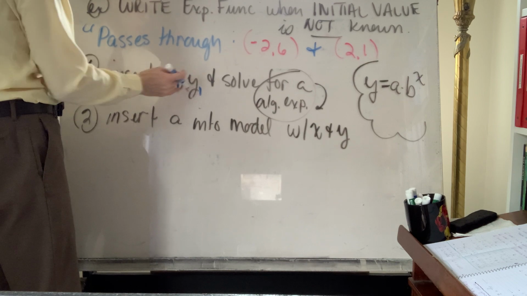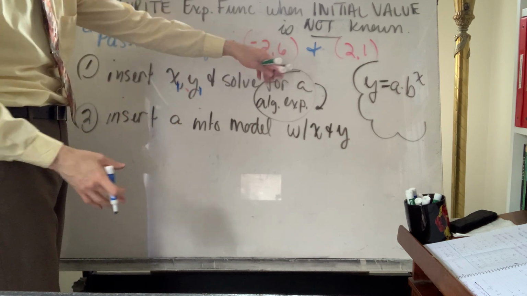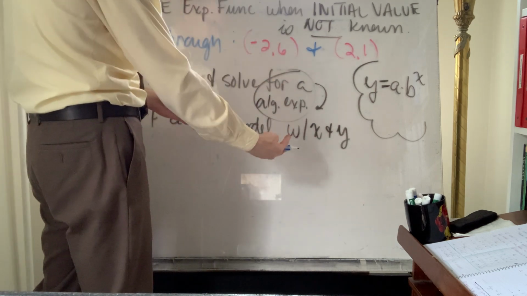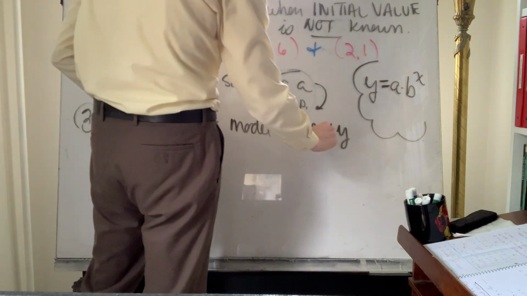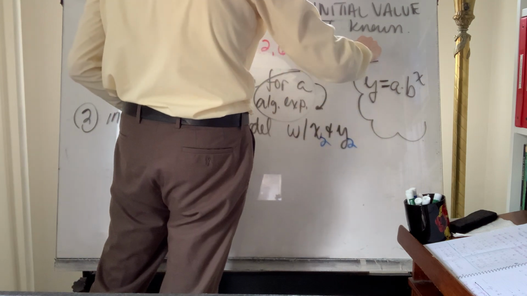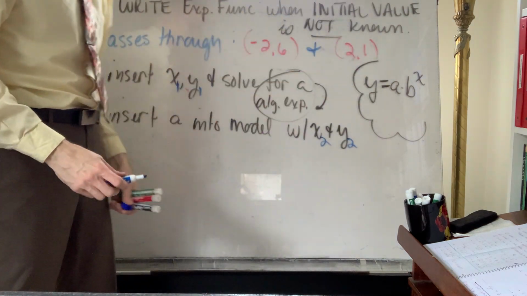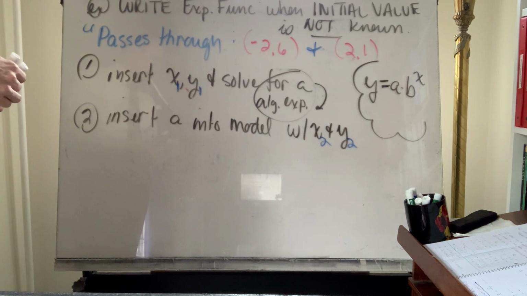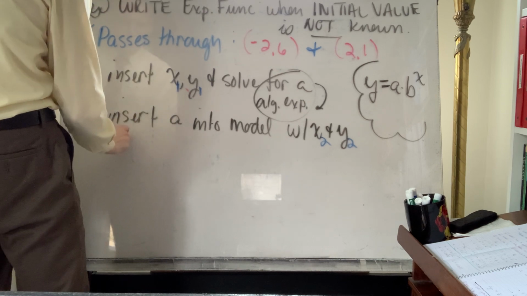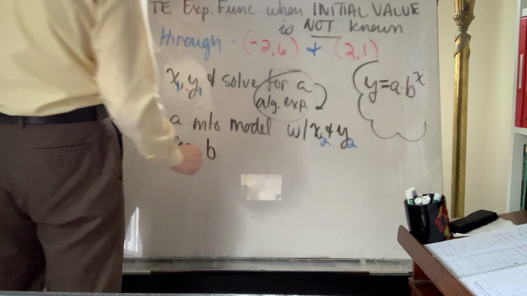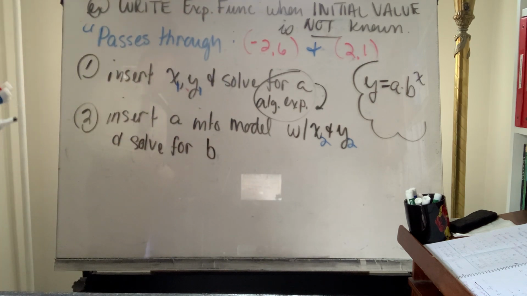We'll use x1, y1, meaning this number and this number at first to calculate a, and then when we plug it into the model again, we'll use x2 and y2, the numbers 2 and 1. And then we will solve for b. At that point, what we would get is an actual number.